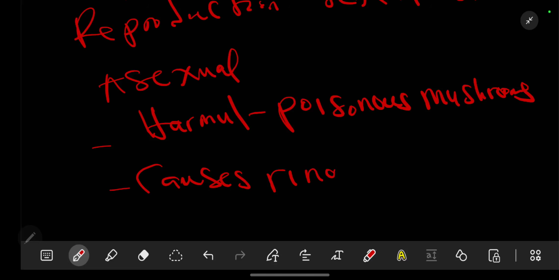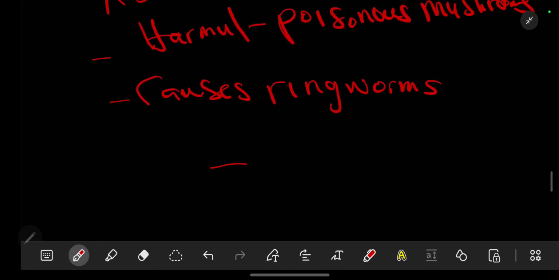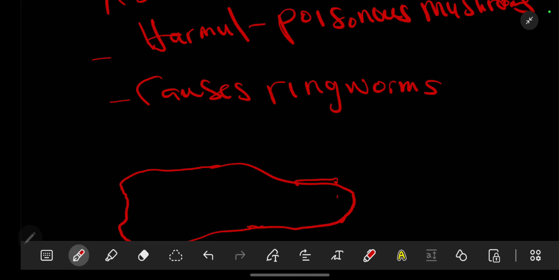Sometimes you will find that someone's big toe is rotting. That is mostly as a result of fungi. So ringworms are as a result of fungi.